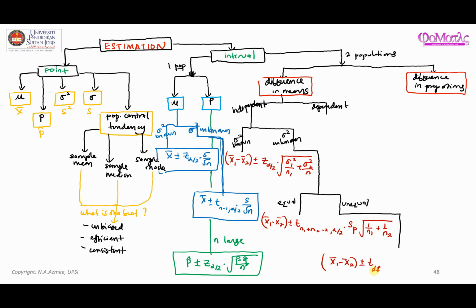The degrees of freedom here will depend on which one is the smaller between n1 minus 1 or n2 minus 1, alpha over 2. Next, it will be the square root of s1 squared over n1 plus s2 squared over n2. Okay, so that's the formula when you assume sigma squared unknown and unequal. All right.